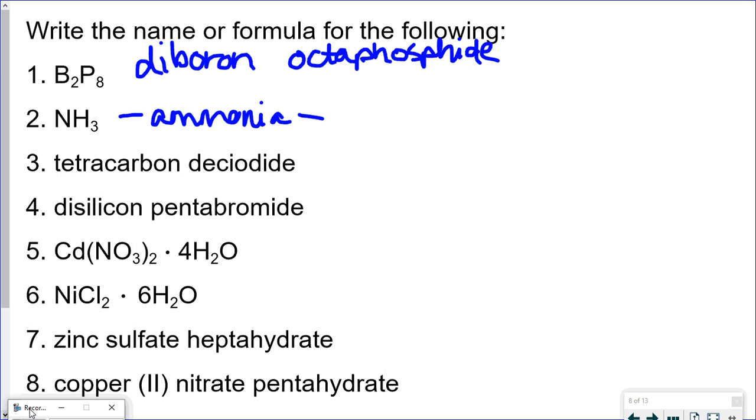If we're looking for the molecular name, we have N, which is nitrogen. There's only one of them, so remember it does not have a prefix. And then H3, H is hydrogen, so change the ending to IDE, so it'd be hydride. And then 3 is tri, so nitrogen trihydride.